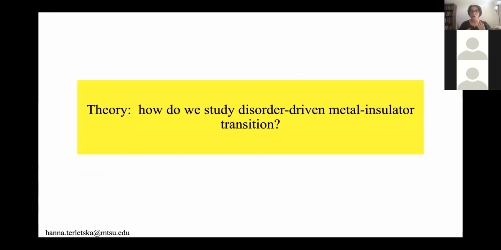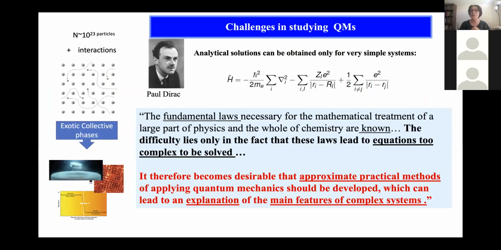Okay, so that all sounds great, but now how do we study this theoretically? Well, when studying quantum materials, whether disordered or non-disordered, there is a huge challenge. That challenge was recognized a long time ago, in the 20th century, and one of the good ways to describe it is to quote a famous physicist, Paul Dirac.